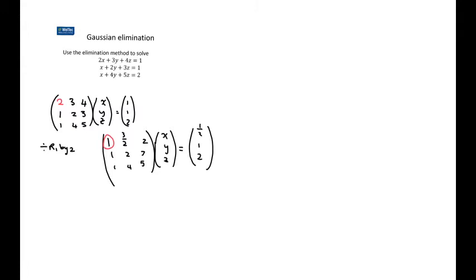Now we need to move that along. So what we're going to do is subtract row 1 from row 2 and row 3. Row 1 is going to stay the same.